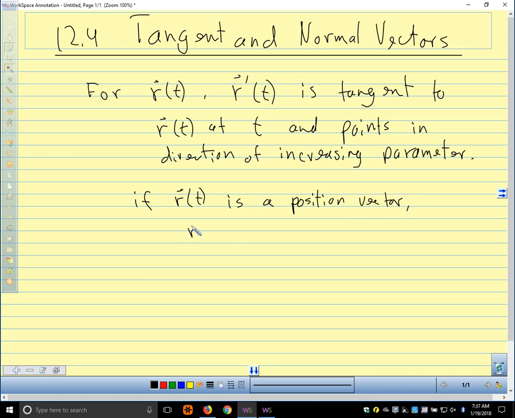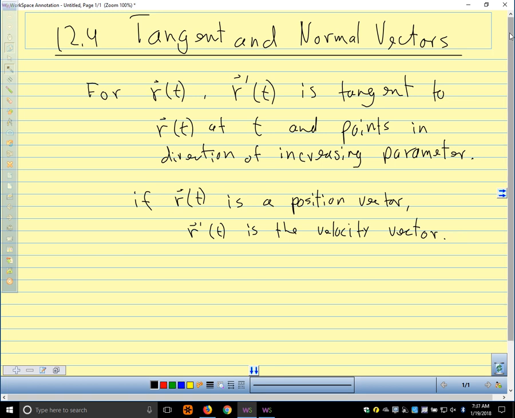Then r prime is the velocity vector. It's often useful to think about r of t and r prime of t that way, just to help us interpret what we're doing. But r of t and r prime of t do not always have to represent a position and a velocity.